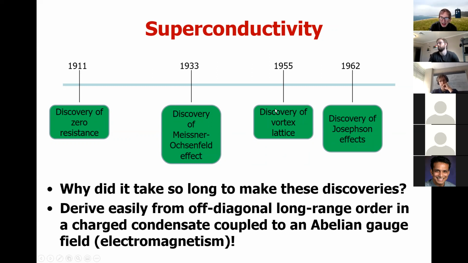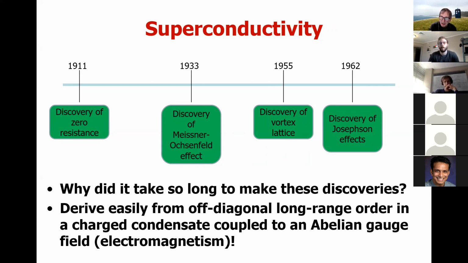In 1955, it was predicted theoretically and discovered experimentally that in a magnetic field, certain types of superconductor have flux tubes that organize into a periodic array known as a vortex lattice, or sometimes an Abrikosov vortex lattice. And 10 years later, it was discovered, again predicted theoretically and discovered experimentally, what are known as the Josephson effects.